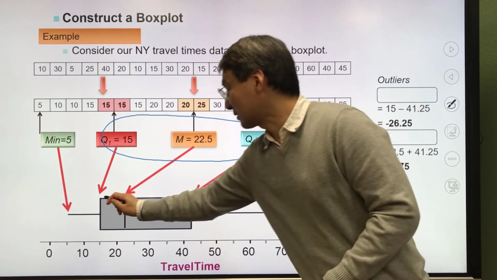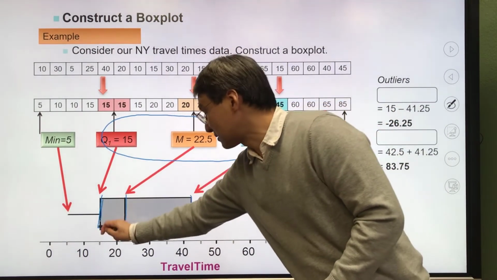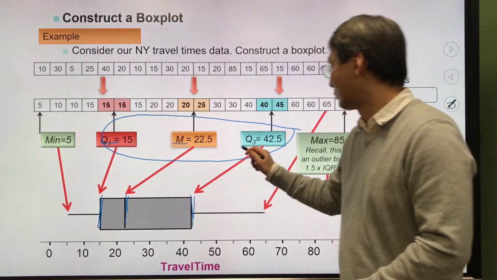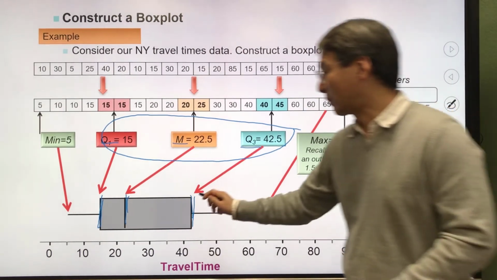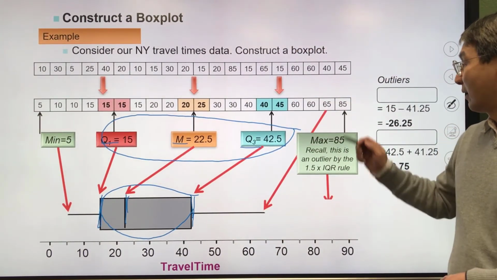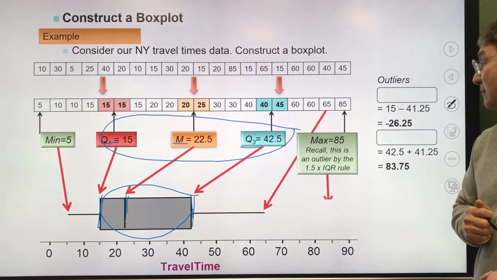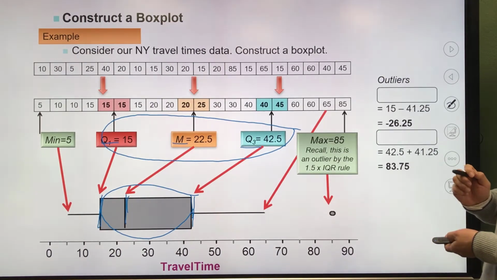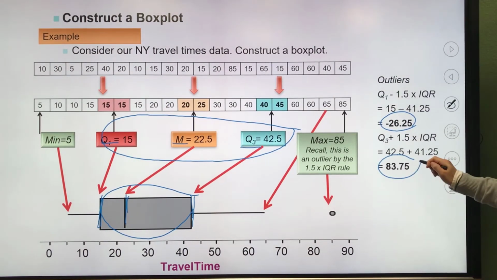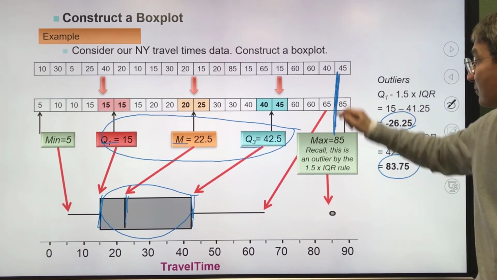So this is a box, and each segment represents, the first one Q1, the second one the median, the third one Q3. And we have a boundary for outliers, negative 26 and positive 83. So positive 83 is somewhere here.